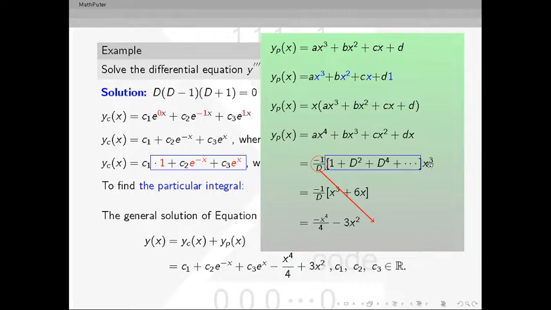So the integration is x raised to 4 upon 4. Then into 1, second derivative of x raised to 4 upon 4, and fourth derivative of x raised to 4 upon 4 gives us this. So this is the solution when we applied this first, and this is the solution when we applied this first. So the difference is here, the constant.